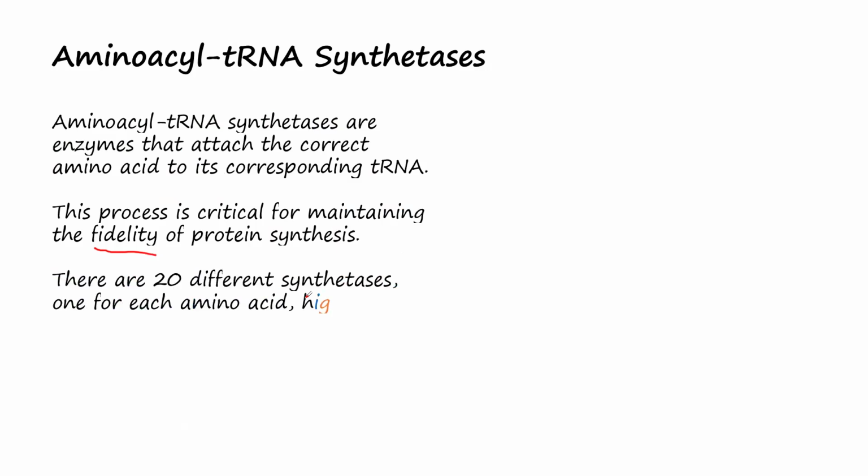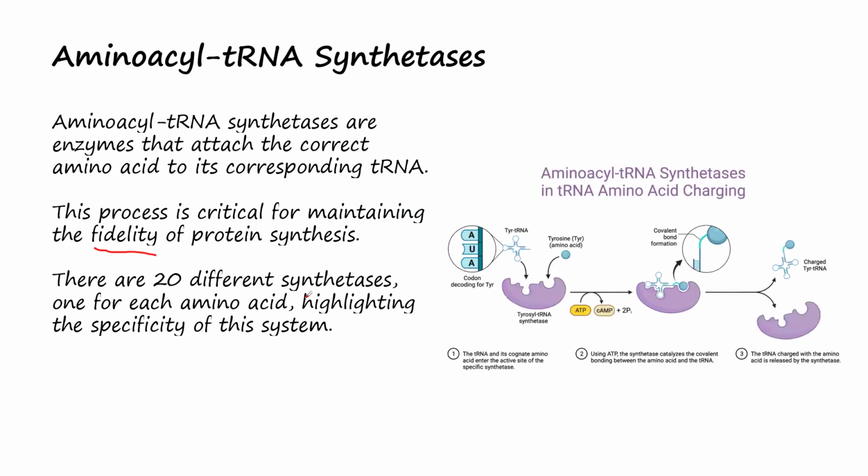So there are 20 different synthetases. There are 20 different synthetase enzymes, one for each amino acid, highlighting the specificity of this system. So this is what actually happens. You see, this is where we have tyrosine transfer RNA synthetase. We can also have alanine transfer RNA synthetases.